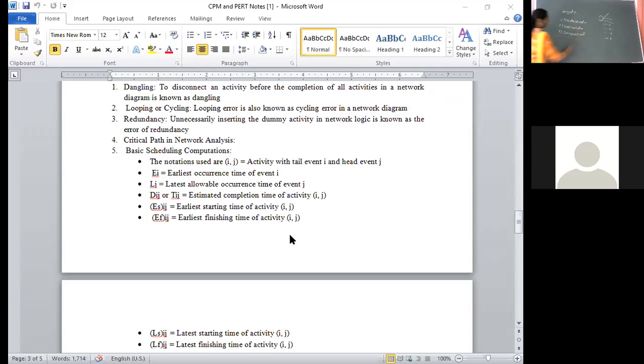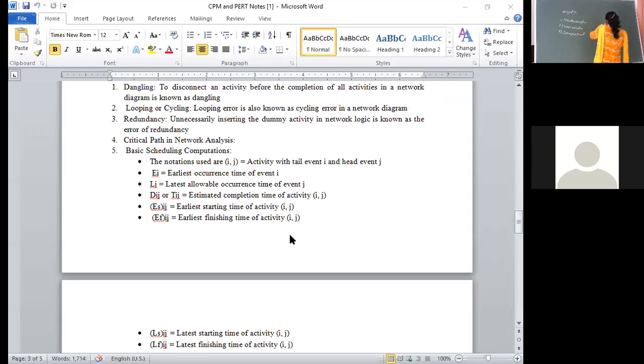Just as we have 3 types of events, similarly we have 3 types of activities. Later we will discuss what a dummy event and dummy activity are. These are important. First we will see what a predecessor activity is. The activity which must be completed before an activity under consideration is called a predecessor activity.